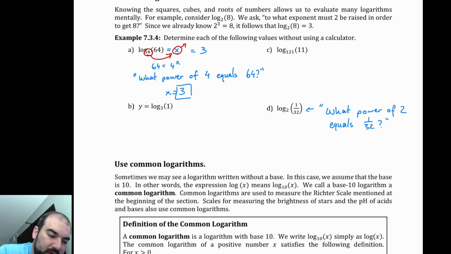Yeah, so 121. I guess let me write it the other way. If I call this equal to x, then I have 11 equals 121 to some power, and we're looking for that power. And oh, sorry, not 125, 121 to some power x, and there is a way to get from 121 to 11 by using a power.